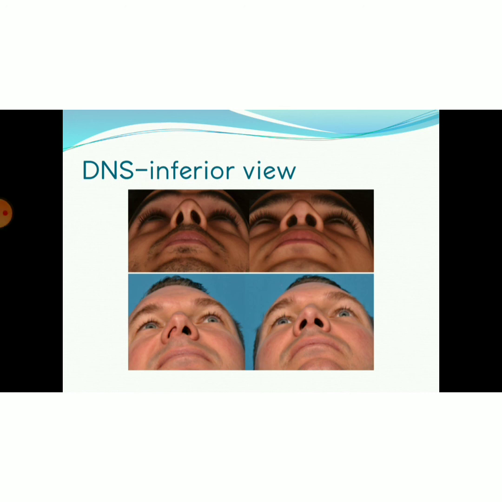The picture above shows a deviated nasal septum to the right, and the second half shows the nasal septum after septoplasty. In the picture below, you can see it is deviated to the left, and the second half shows the corrected nasal septum.